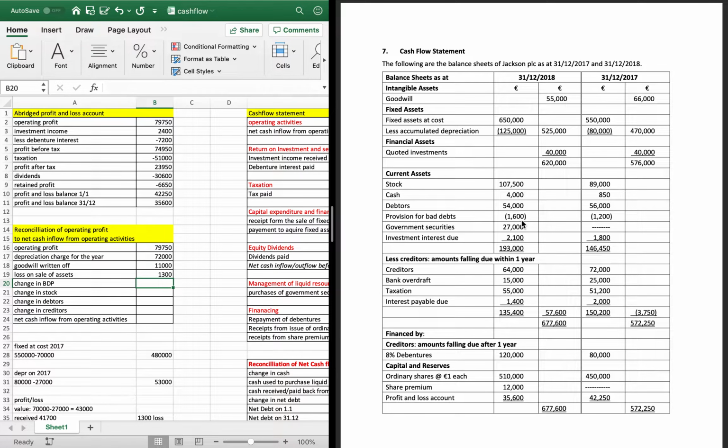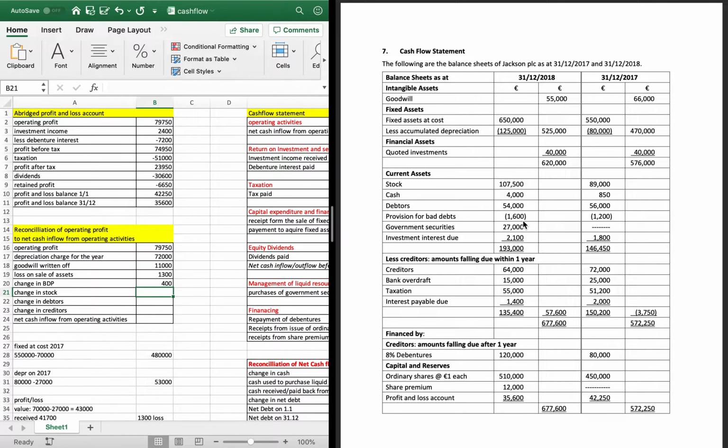It reduces your profits because it's an expense, but it's a non-cash expense. So it doesn't reduce your cash position. So an increase in bad debt provision of 1,200 up to 1,600 needs to get added on. So that €400 gets added on. All right. Then you've got the last three, which are our changes. We look at our stock, debtors, and creditors.